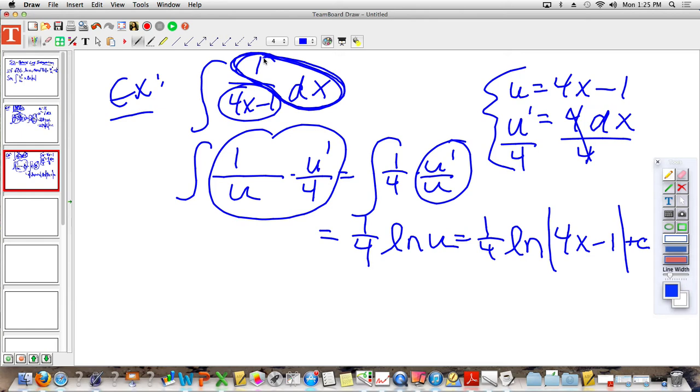But I still have this 4x minus 1 left, and it's a u and it's on the bottom. So I had to put this on the bottom, and so what's on the top? A 1. Then I put these two together over here on the right, u prime over u. Yeah, I get that. Okay, all right.